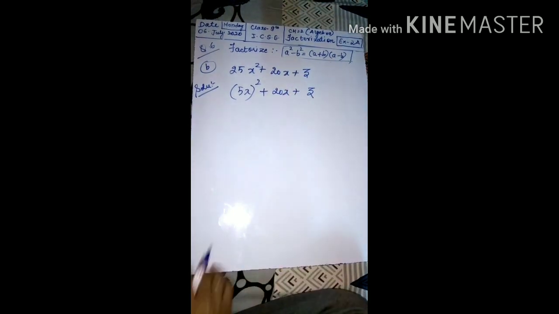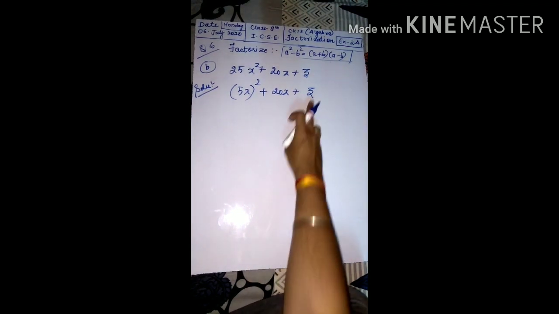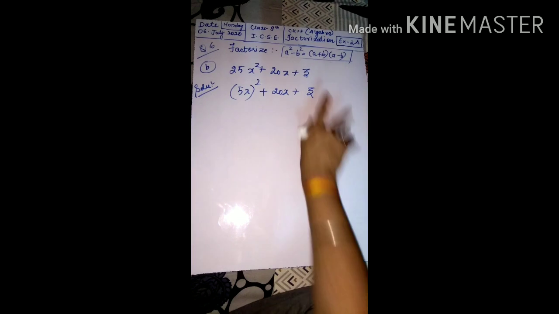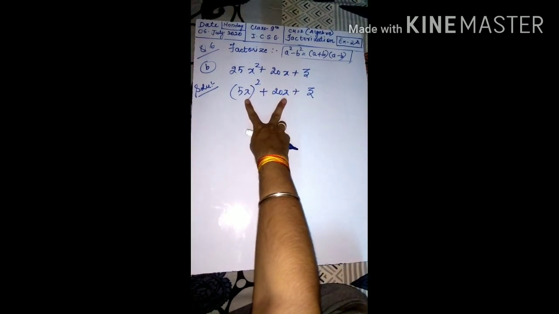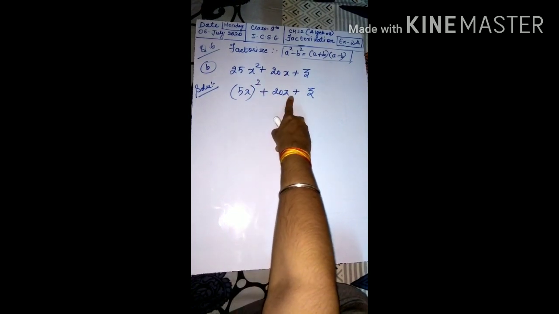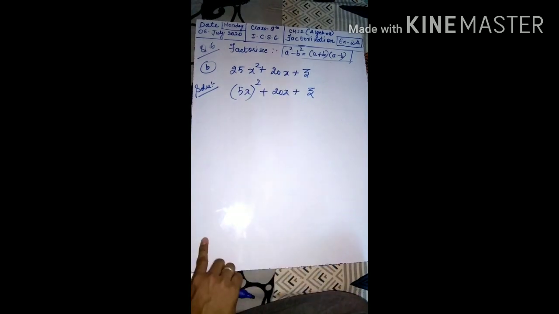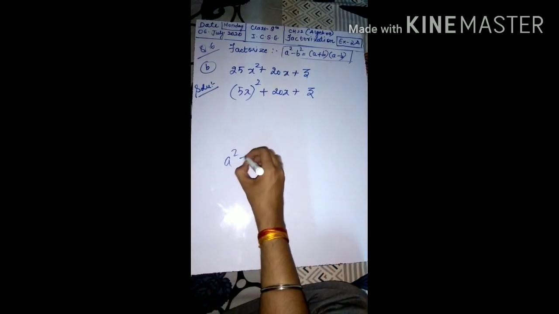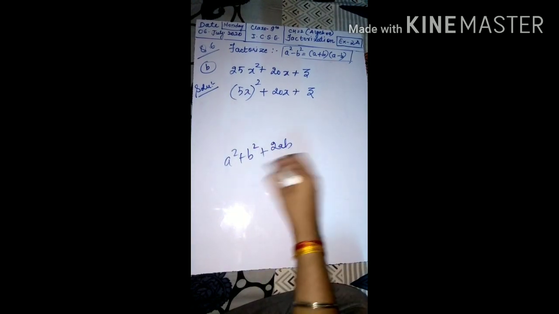Now this 3 is not any perfect square and we can't do anything with this 3. So we need to just hide this one and work with these 2. This is already a square. This is 20x, which is not a square term. So can we think like, in our identity we have a plus b the whole square, that says a square plus b square plus 2ab.